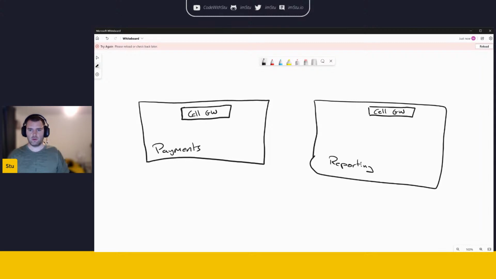And that means that anytime I'm talking to either the payments or the reporting domains, I am talking to a fixed contract. But inside of that, I may have 3 or 4 different services that make up that contract. And I can go and change these services as I want to, so long as I maintain that contract on the cell gateway.